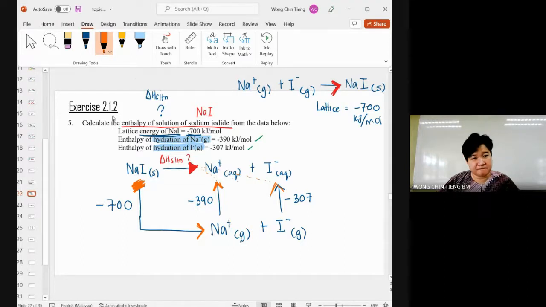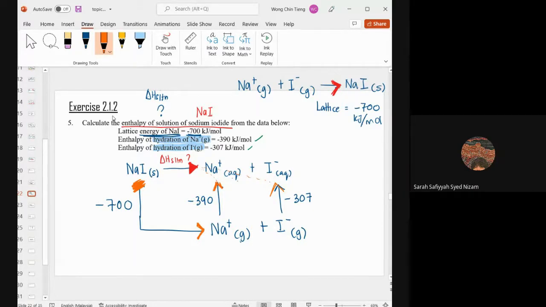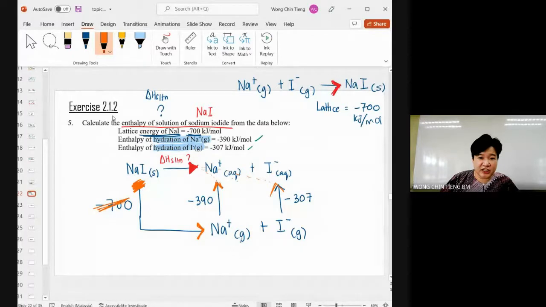Sarah? Yes, Miss. What is the other changes that we must come along when I change the arrow? Change the negative to positive. We are changing the negative all the way to positive 700. Nampak? Senang?